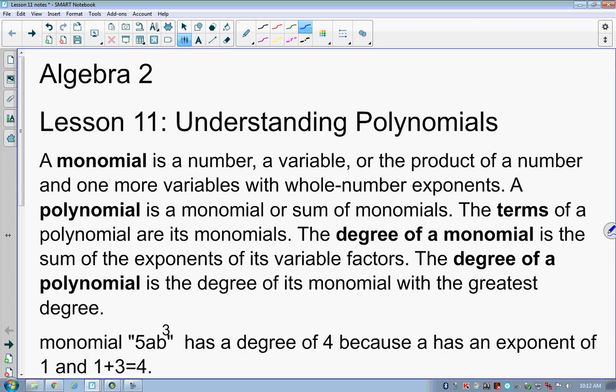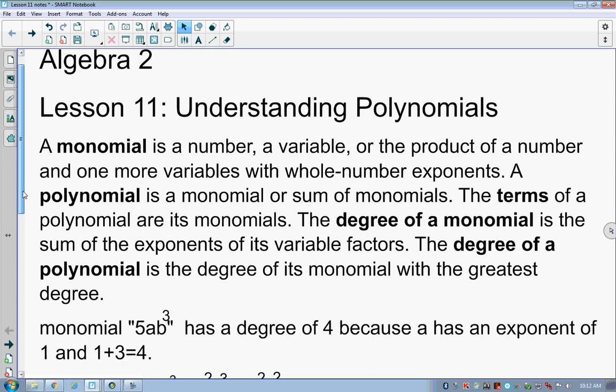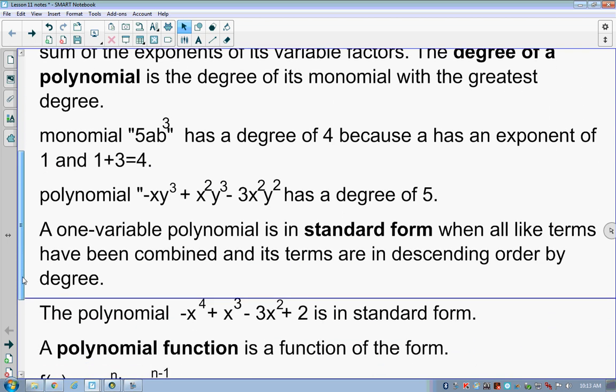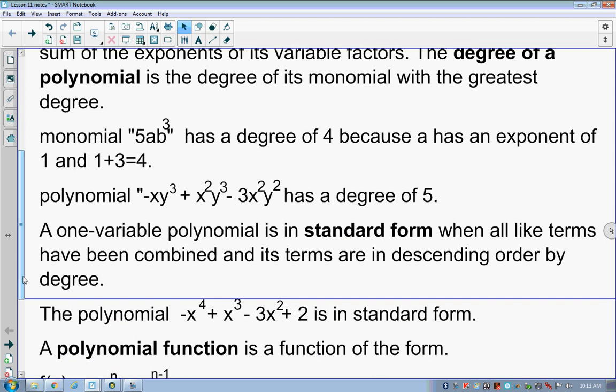All right, so let's slide down here a little bit and see what more information we gather. Here we have a monomial. Even though there's a lot going on there, two variables, an exponent and a coefficient, it's still a monomial. 5ab to the third is a monomial.